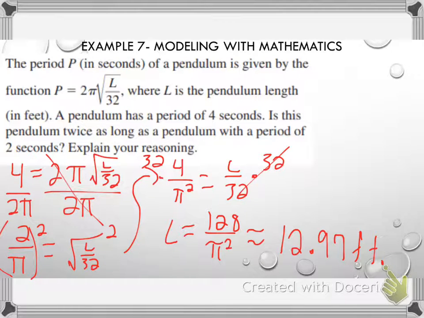So the pendulum that has a period of 4 seconds is approximately 12.97 feet long. Everyone good with that? So I'm going to write that up here.